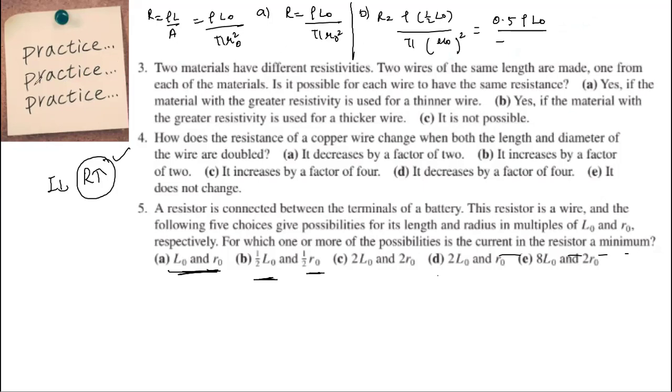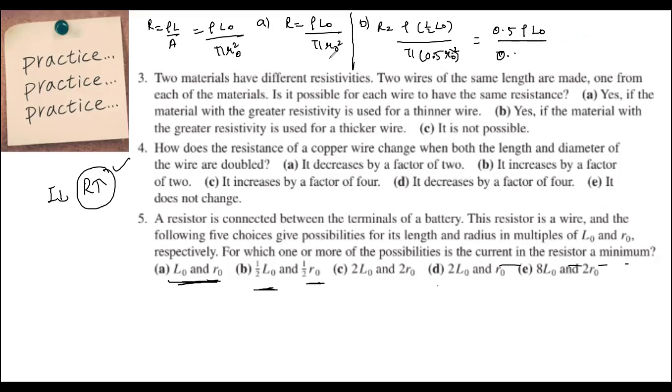So it would be 0.5 R naught squared. Let's do that. So this is what I have, and then I have 0.5 times 0.5, which would be 0.25, right?